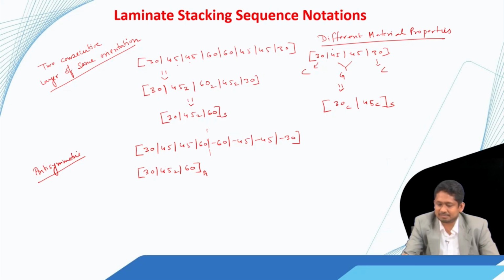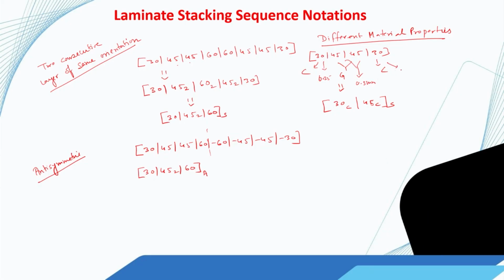So, let us say that this carbon fiber has a thickness of 0.25 millimeter and these two have a thickness of 0.5 millimeter each, and let us say that this is again 0.25 millimeter. In that case, we generally put a slash and write the thickness, 0.25, and write 0.5 here.